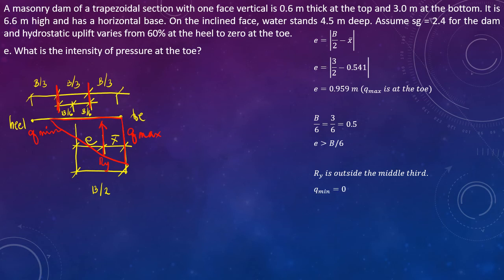The magnitude of minimum pressure is 0. The magnitude of maximum pressure is 2Ry over 3x bar. Now, since pressure at the toe is maximum pressure, we substitute, and our maximum pressure, or pressure at the toe, is 340.32 kilopascals.